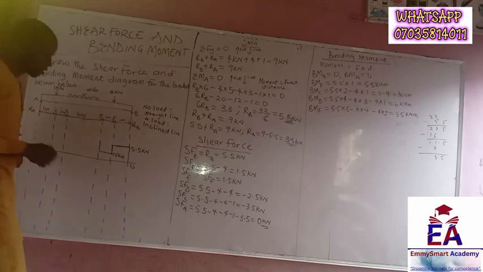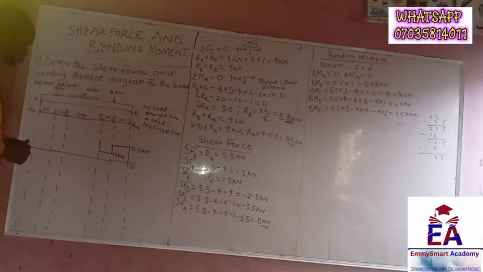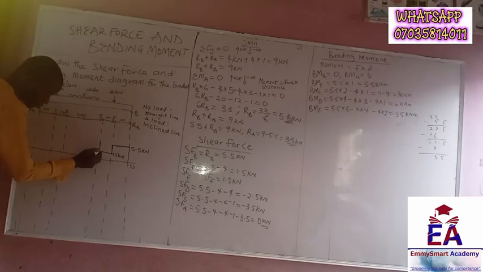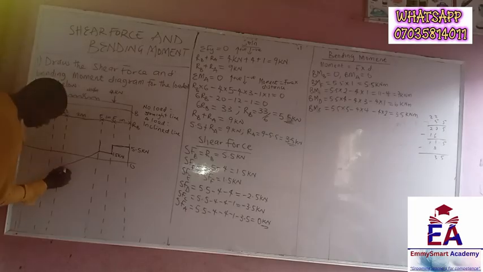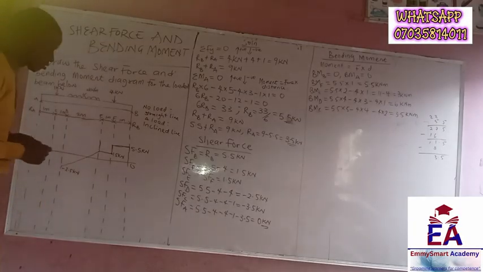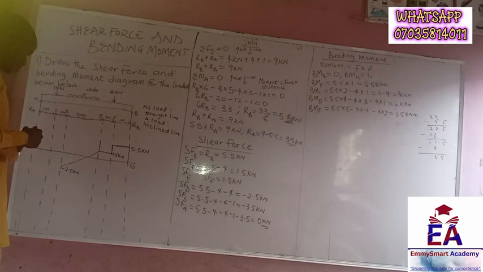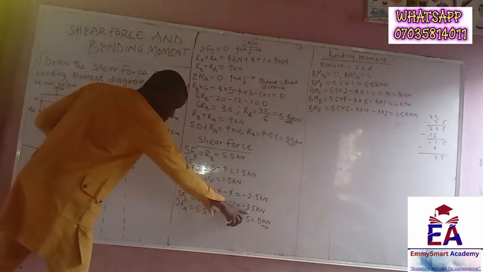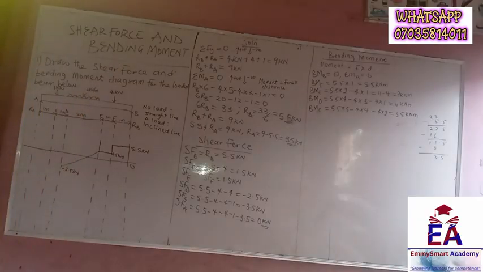So the next one, at point D, we see minus 2.5 kilonewton, an inclined line. So minus should be around this way. So move it down this way to this point. So minus 2.5 kilonewton. Okay. So we now had minus 3.5 kilonewton.